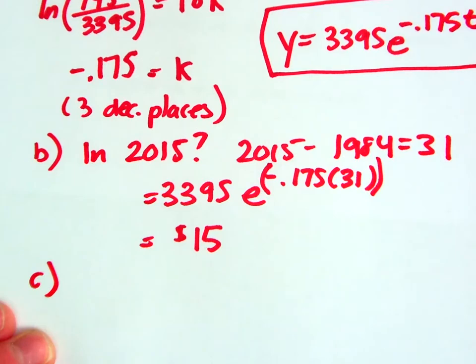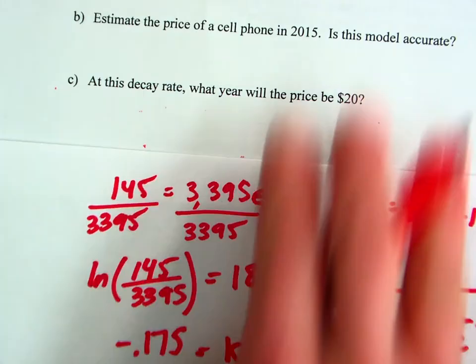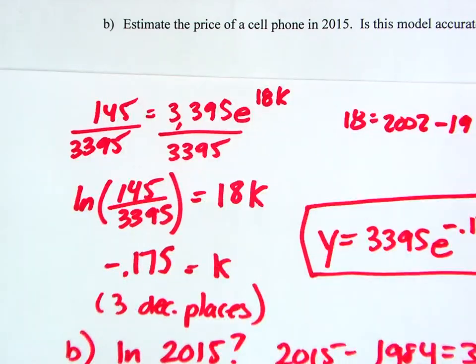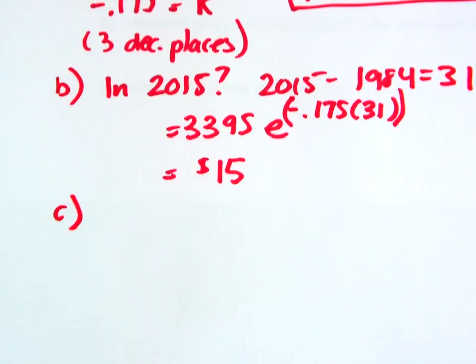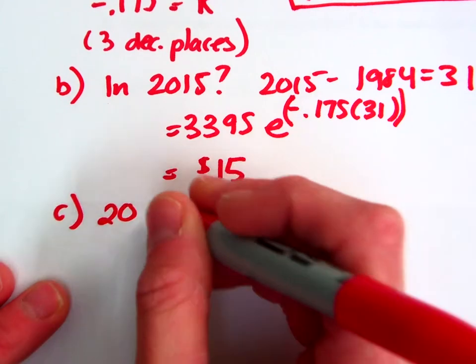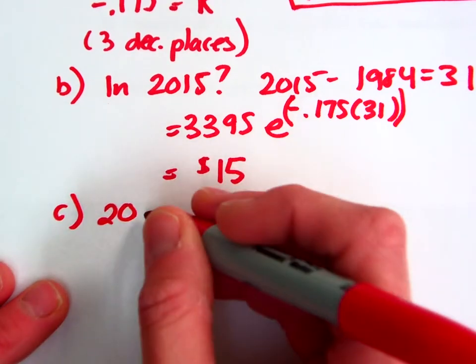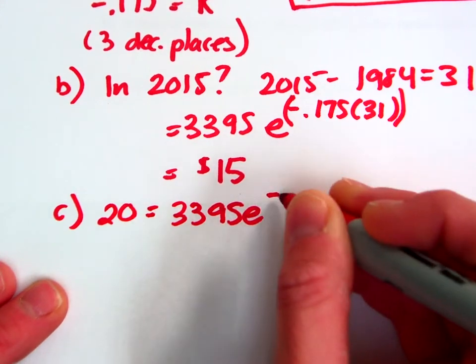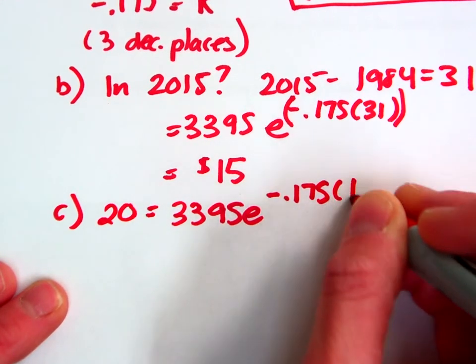Lastly, part C says, at this rate, what year will the price be $20? Now we're actually solving for t. 20 equals 3395 e to the negative 0.175 times t.